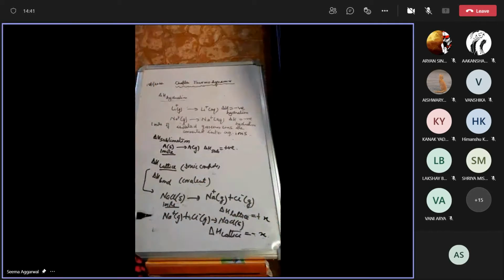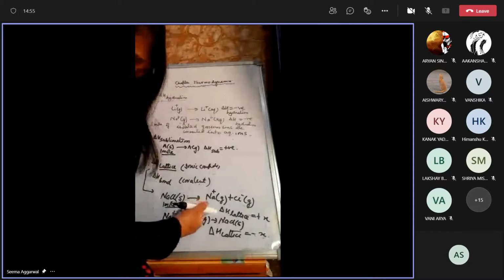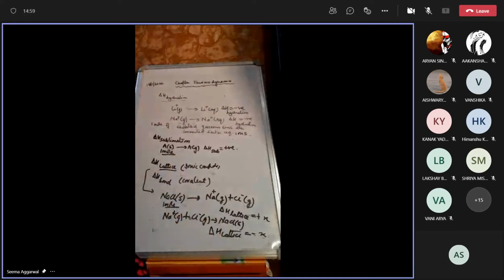During bond breaking, always the energy is required. So if I am breaking one mole of bonds to convert into gaseous ions, it is positive, the energy required. But if they are combining to form the solid, it is again called lattice enthalpy, but it is the energy released. So you can write any of the definitions.